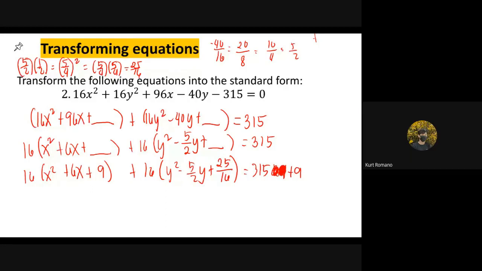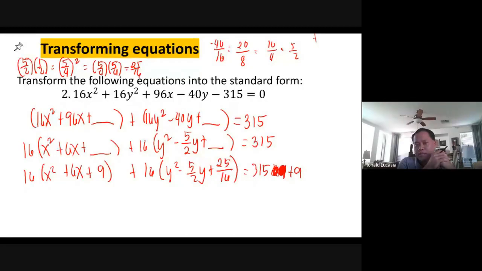Why 100 over 16? How do you get 100 over 16, Kurt? Okay. How? So that I can understand, how did you get 100 over 16?